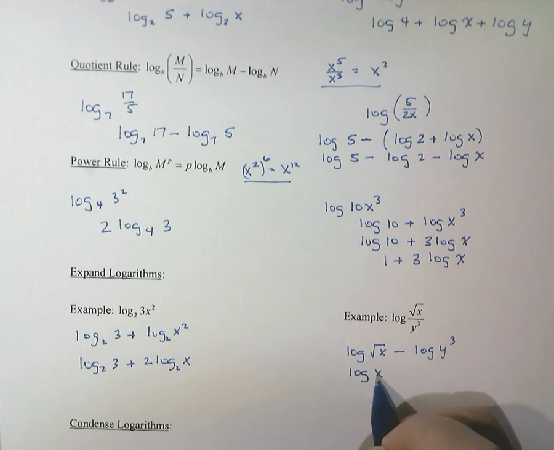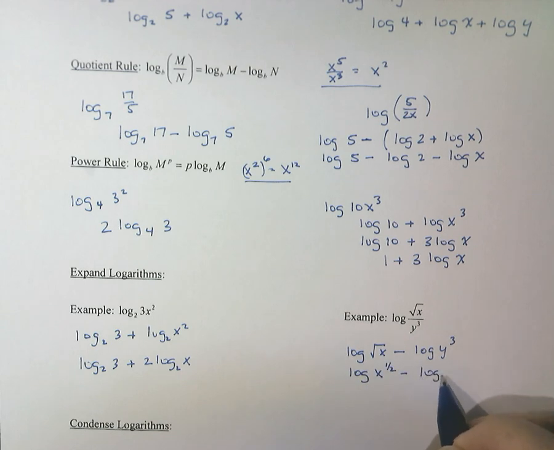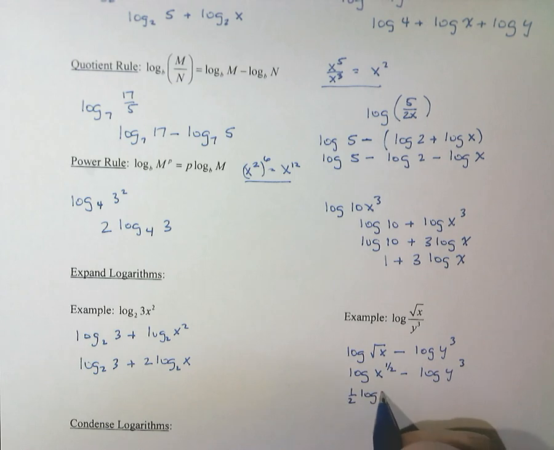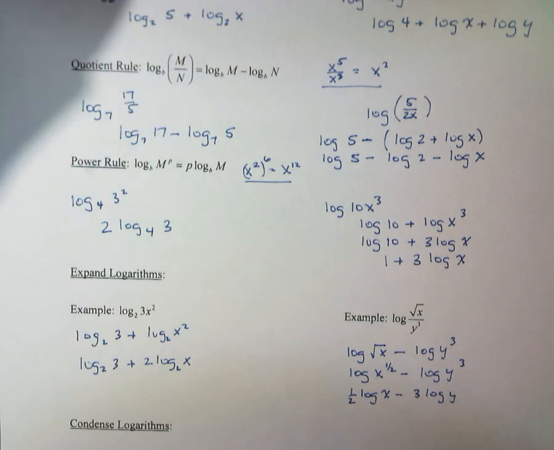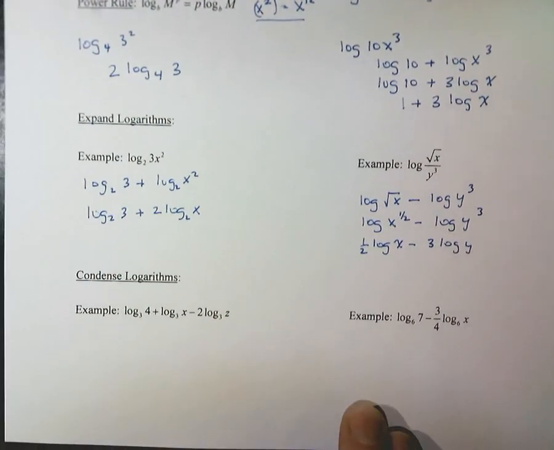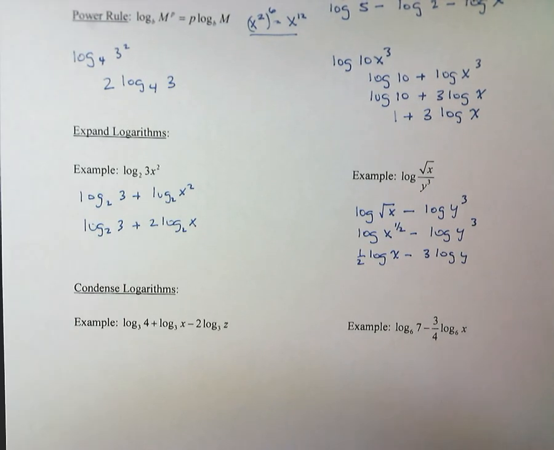I can rewrite this as log x to the 1/2 minus log y cubed. Now I have a power rule because I have an exponent, so this 1/2 is going to come in front, and so is the 3. The purpose for expanding and condensing these is for solving the equations. That's the whole purpose for doing these.